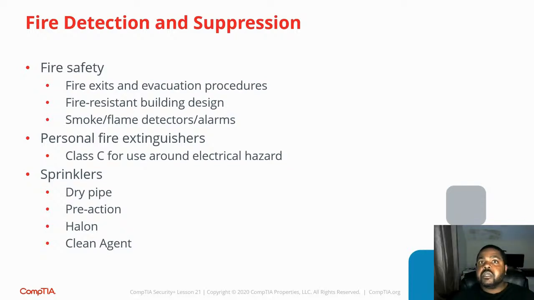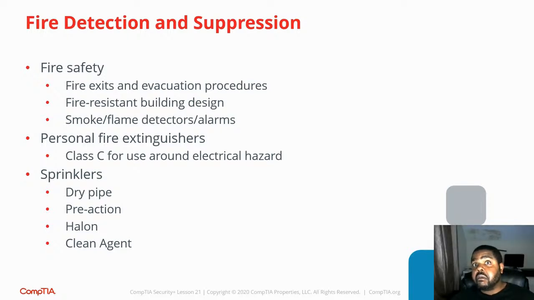Now, in these server rooms, if we're talking about hot aisles and cold aisles, it's natural to think about what type of fire suppression we want to have. There have been cases where data centers or network closets actually catch on fire. When they catch on fire, we don't want to use water, right?